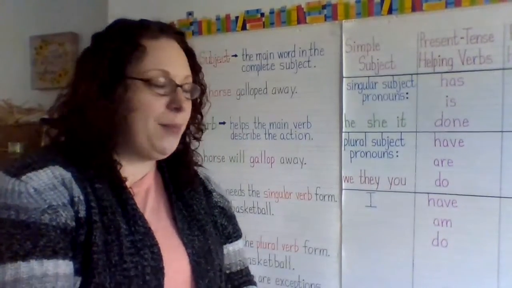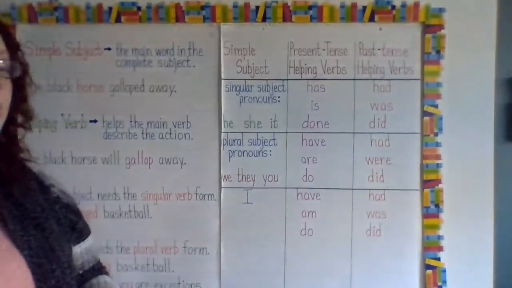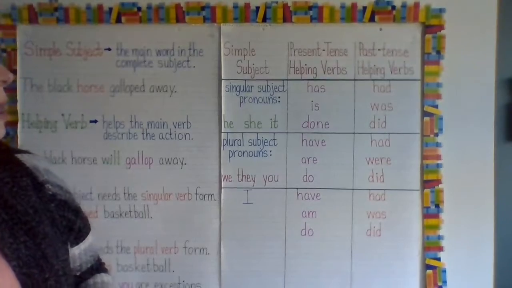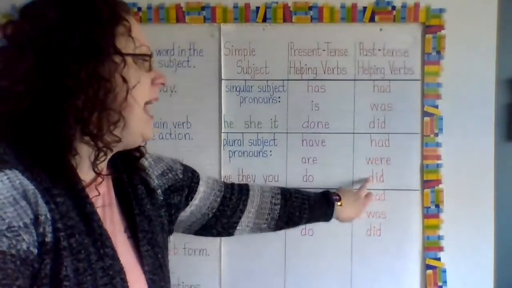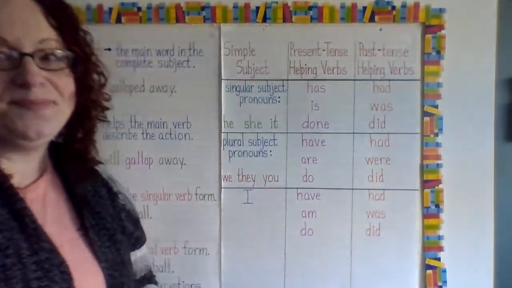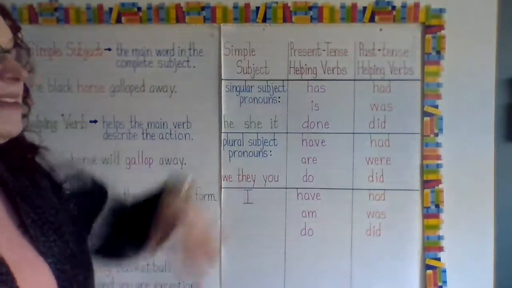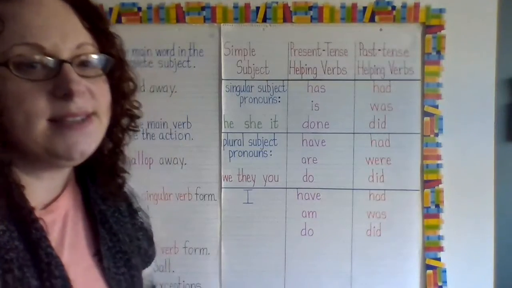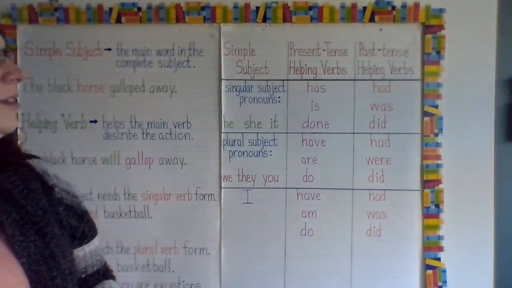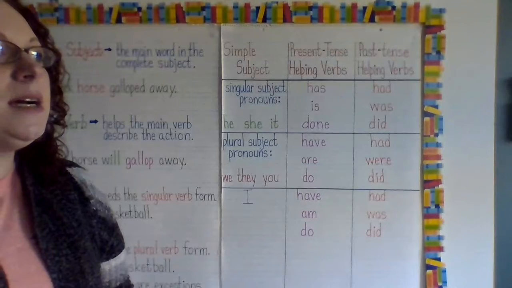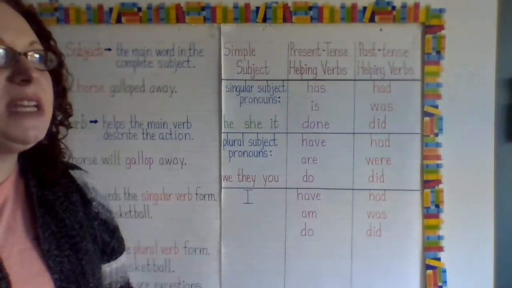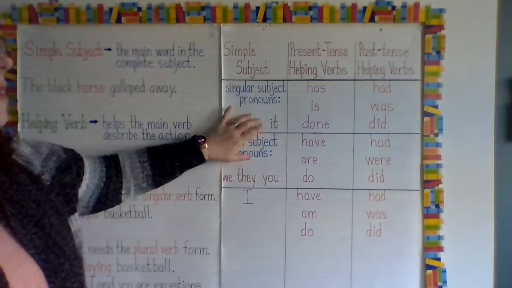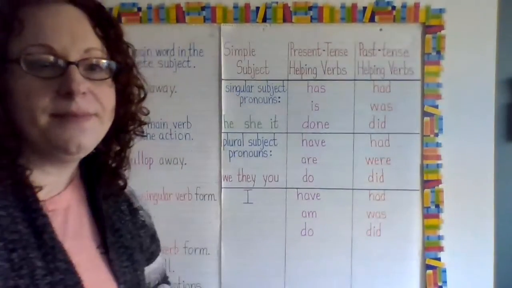So did is your helping verb. Follow me back up here. Notice did is in every single one. Interesting, huh? For past tense. So did establish. And the National Basketball Association is one association. So I would think it would be singular. And it falls under there.